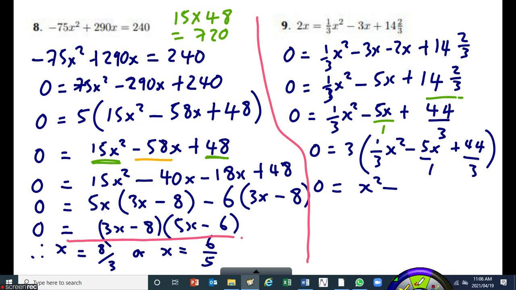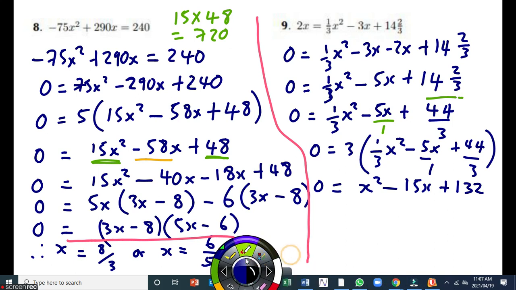So that becomes x squared minus 15x plus 3 times 44, that will give me 132. So I need two factors of 132 such that they add up to minus 15. Is there anybody who can factorize that for us?